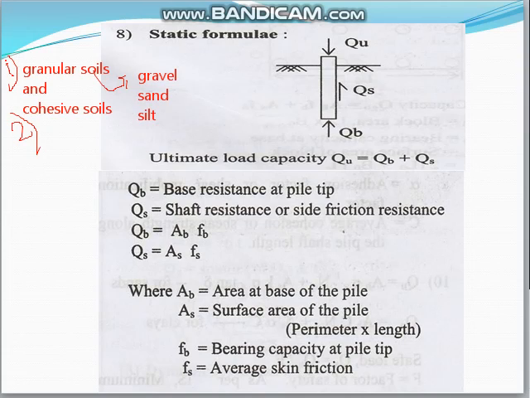First one, the ultimate load carrying capacity is denoted by letter Q with suffix U. Ultimate load carrying capacity of a pile is defined as the sum of the base resistance at pile tip and shaft resistance or side friction resistance.